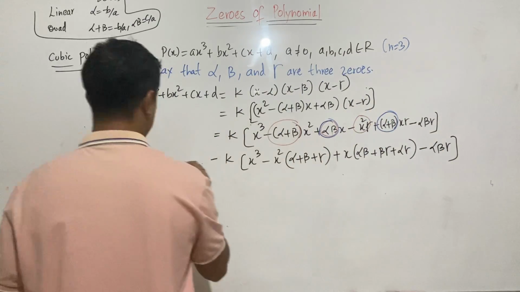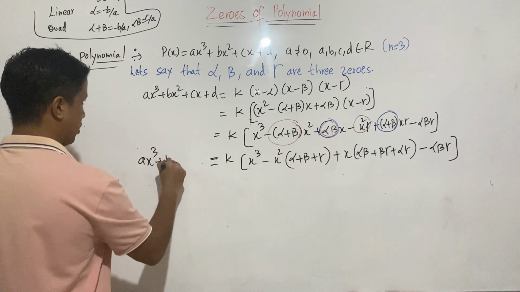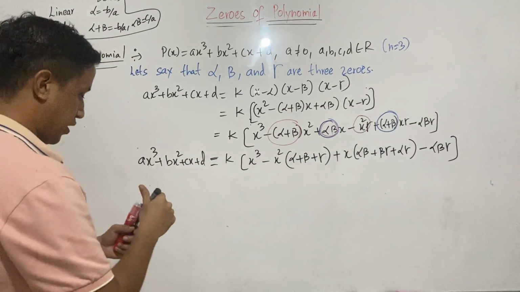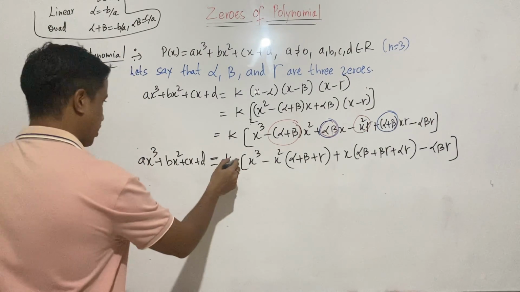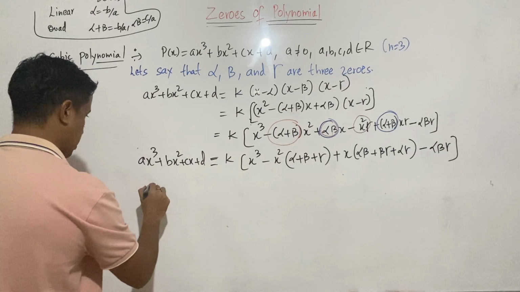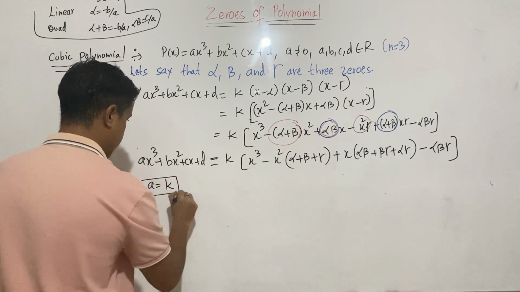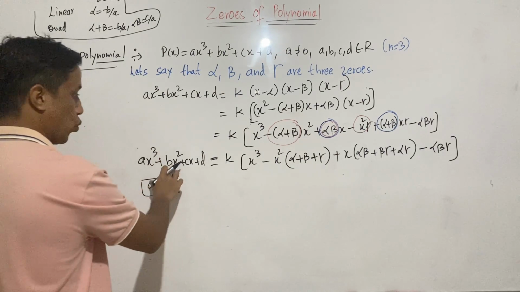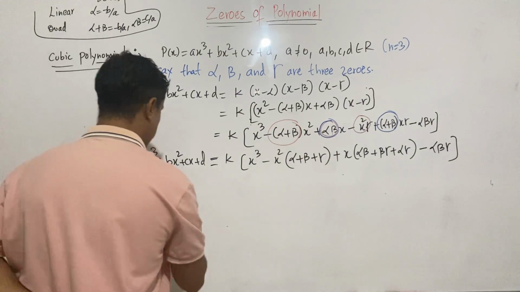Now on this side you have ax cubed plus bx squared plus cx plus d. Now comparing the terms on both sides, what will you get? See here, this a will be k, right? I'm comparing the terms with variable raised to the power 2.